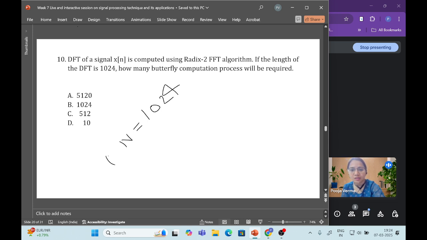Here the length of the DFT is 1024. So how many butterfly computations will be required?